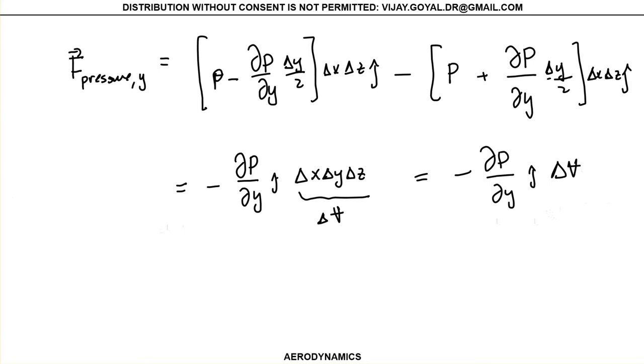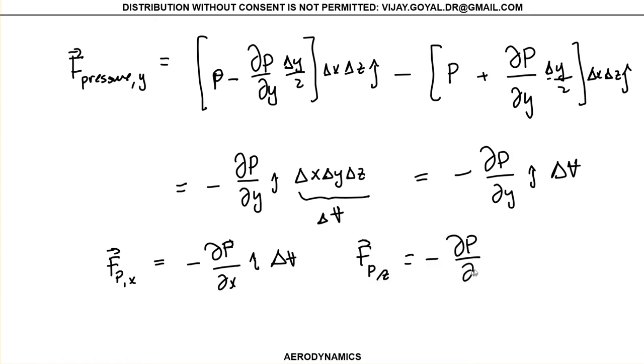Similarly, you're going to have pressure in all other directions, right? So your pressure in the x direction will be minus partial of p with respect to x in the i direction, delta V, and your pressure in the z direction will be minus partial of p with respect to z in the k direction, delta V. Okay, so at the end of the day, you can express this whole thing in a very simplified manner, and the pressure force will be equal to minus the gradient of p, times delta V. Okay, so this is the total expression for the pressure in the most general case.